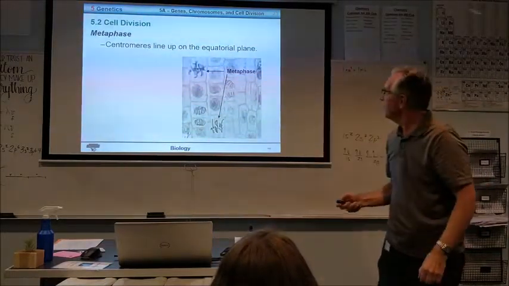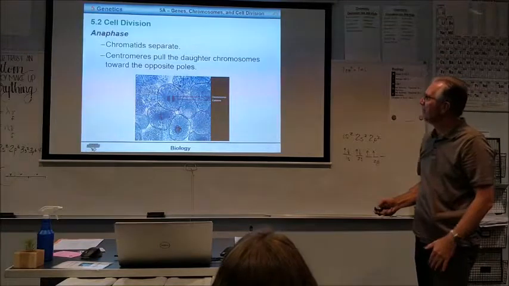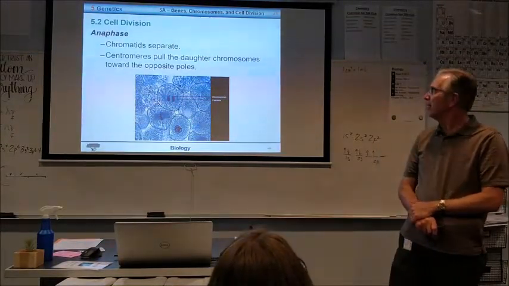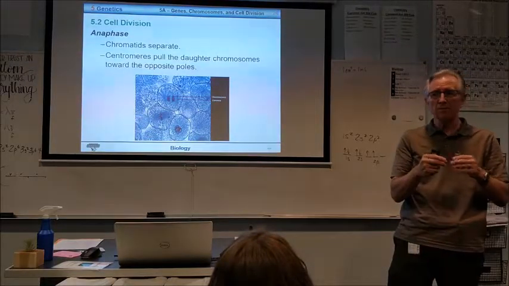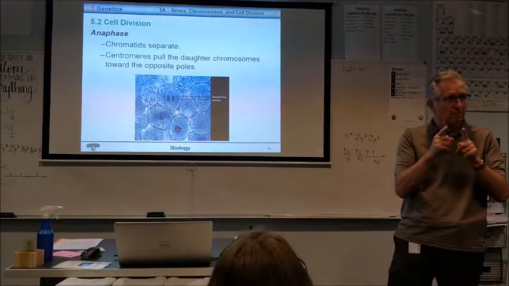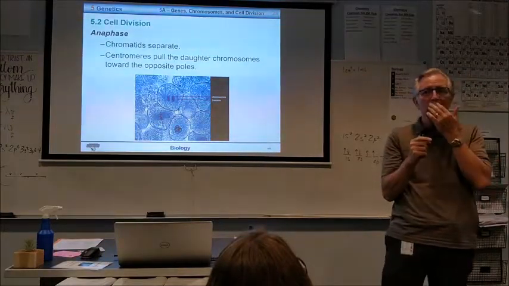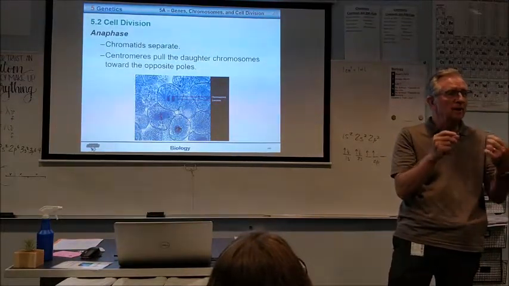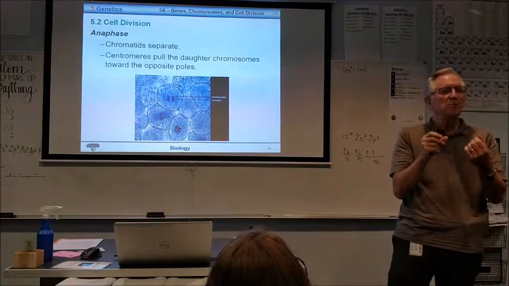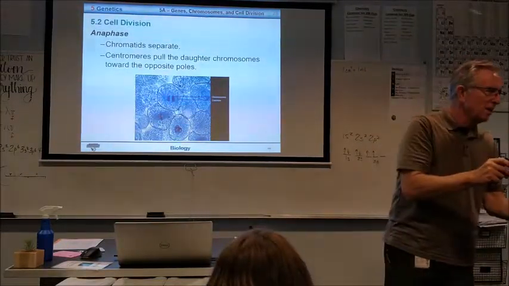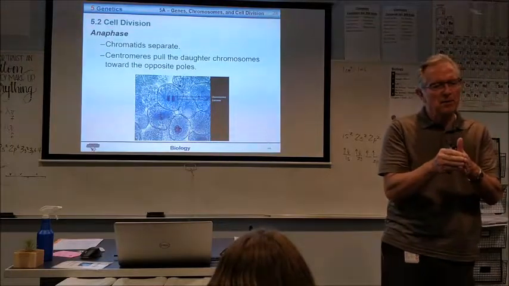Then the next thing that's going to happen after they have lined up in the middle is the chromatids, these two of them, are going to separate from each other. So we have double the material, and now we need to start reducing the amount of material that's going to each, or divide it up, would be a better way of saying it.